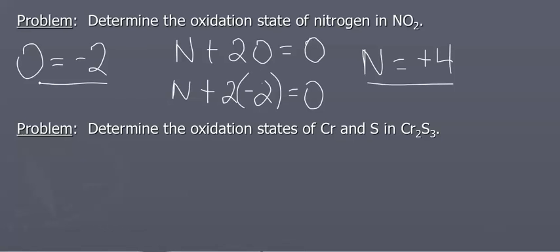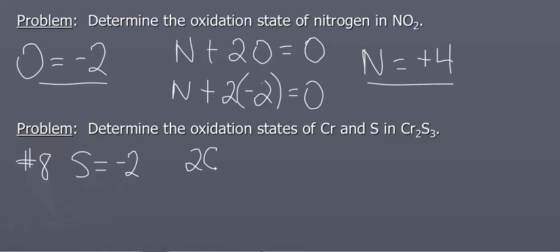Determine the oxidation states of chromium and sulfur in Cr2S3. You go back up to the rules. This is a binary compound, so look at rule number 8. Since sulfur is in group 6A, and it's combined with a metal, sulfur has a charge of -2. That's following rule number 8. So let's set up our equation here.